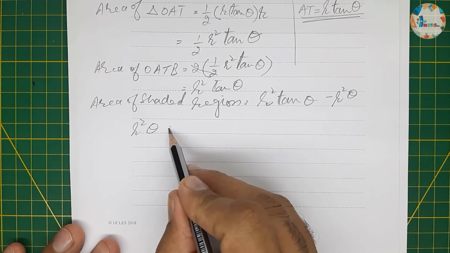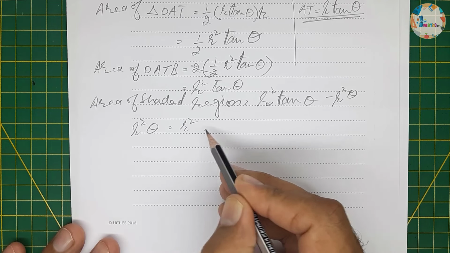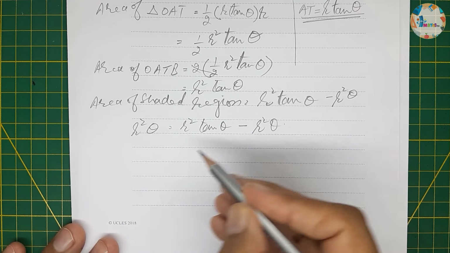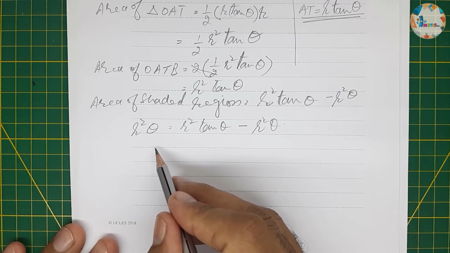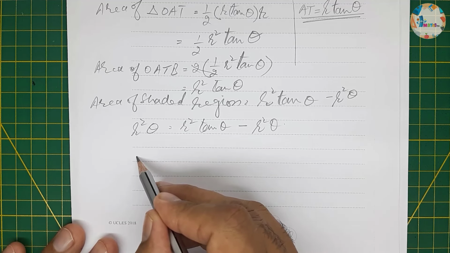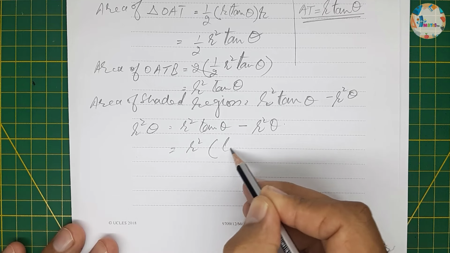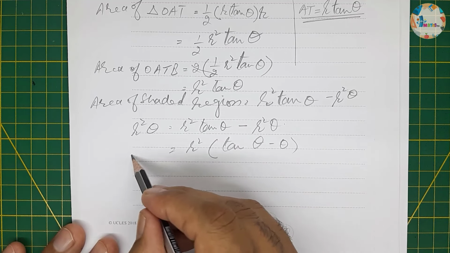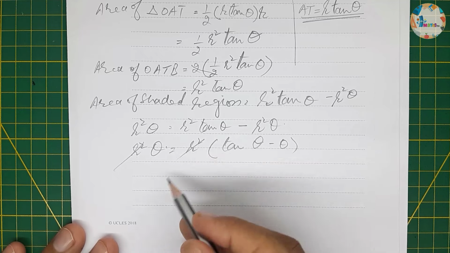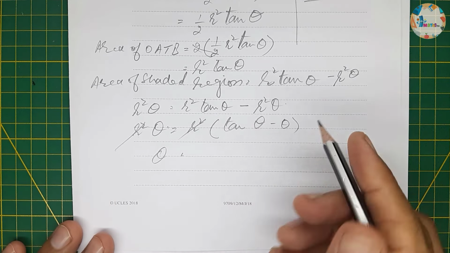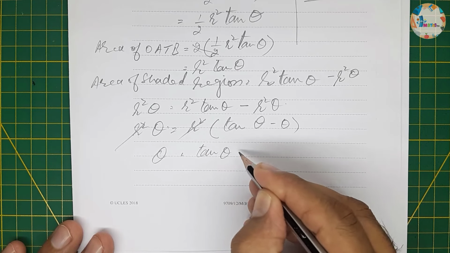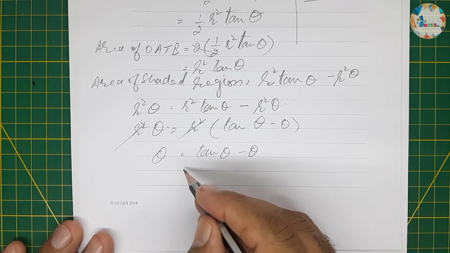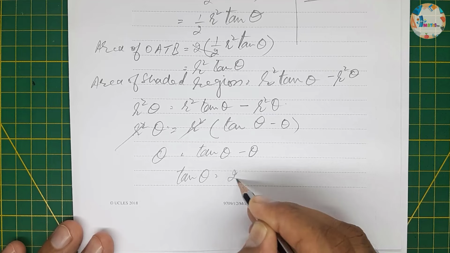r² θ is equal to r² tan θ minus r² θ. So we can take r² common, so this will be tan θ minus θ, which will be equal to r² θ. So r² we can cancel, so θ will be equal to tan θ minus θ, and this θ we can shift to the other side, and tan θ will be equal to 2θ.